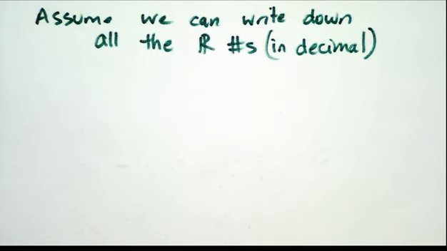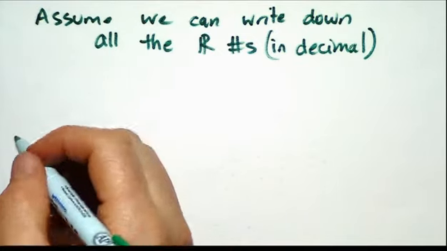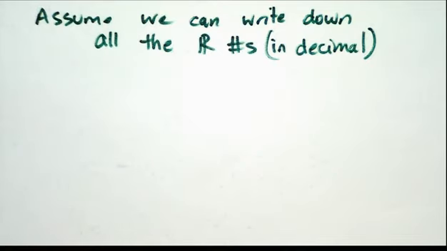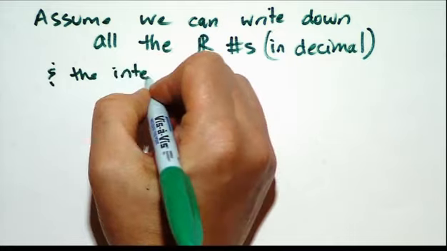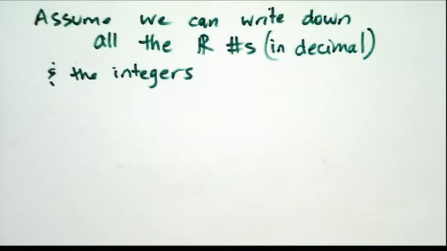Do you have any other suggestions? Yes. Okay, so we also need to write down the integers. So the idea is, if they are the same size, then I ought to be able to list all the elements of one down the rows of a matrix and all the elements of the other across the columns, and I should have a matrix that will match up all the items in one set to all the items in the other set.